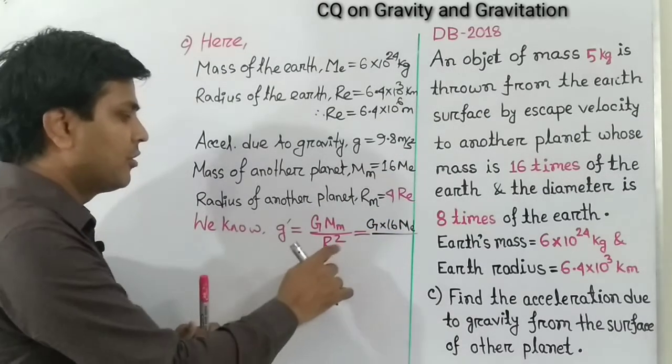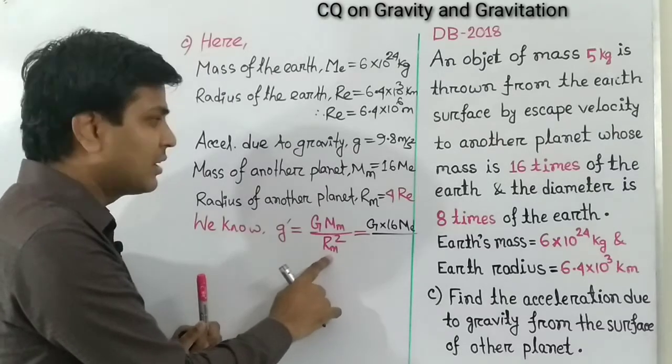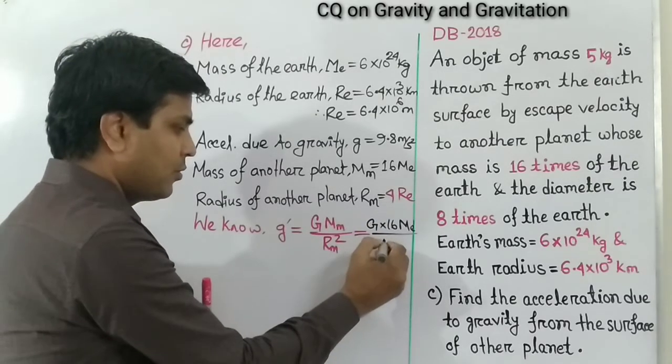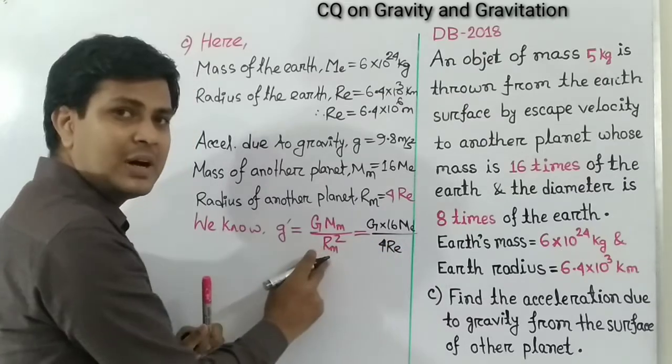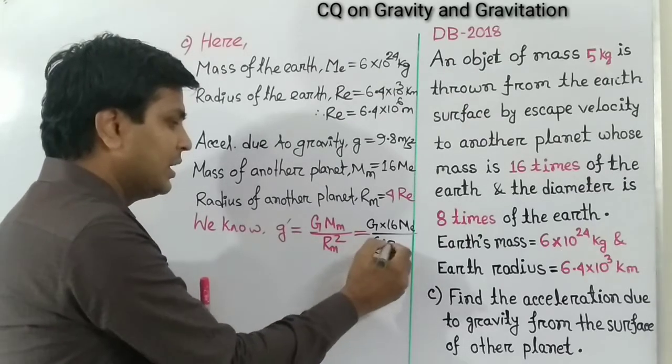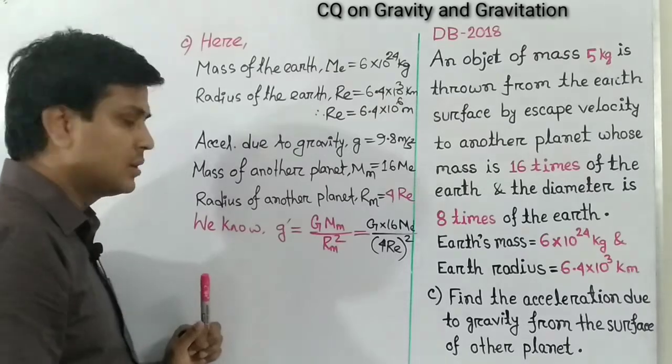divided by, instead of RM, we can write 4 RE whole square.